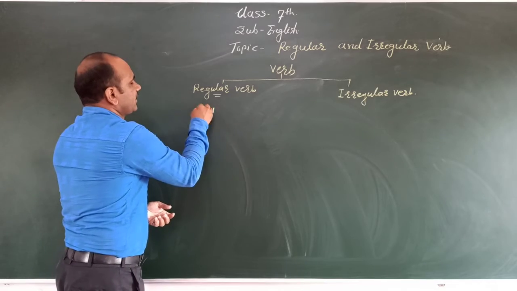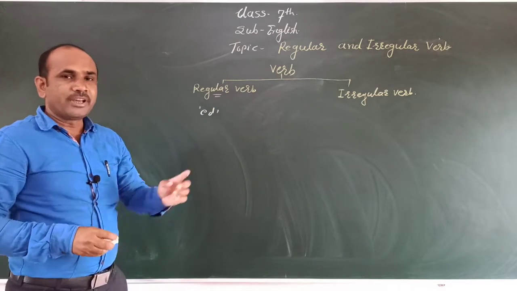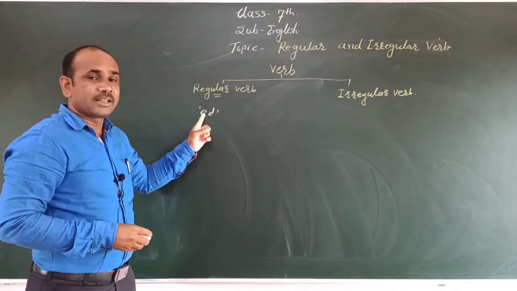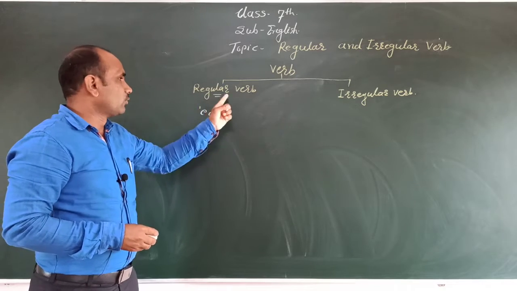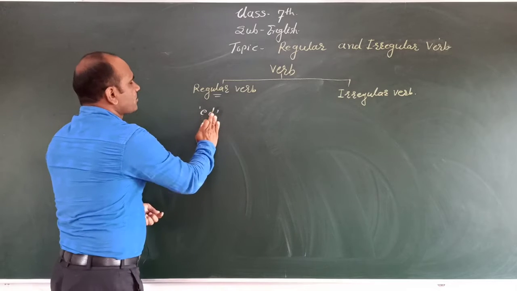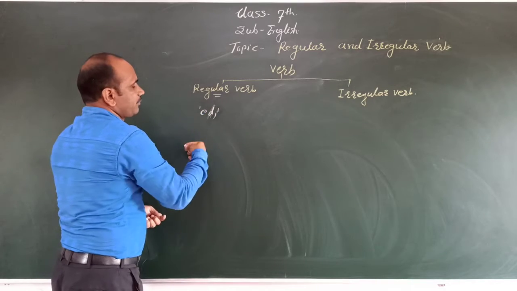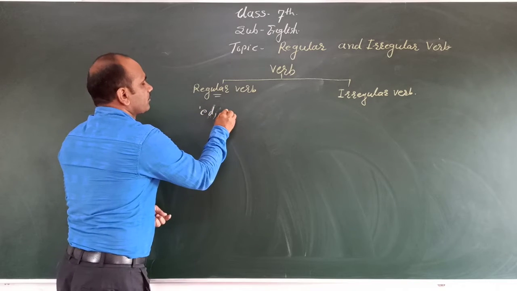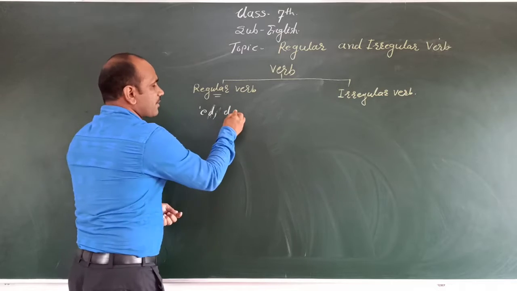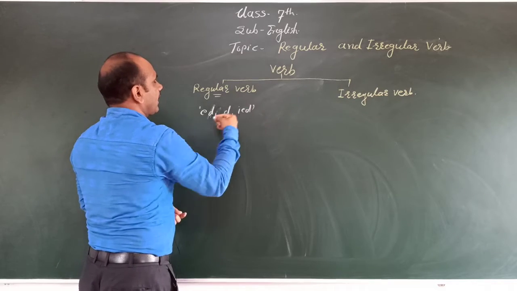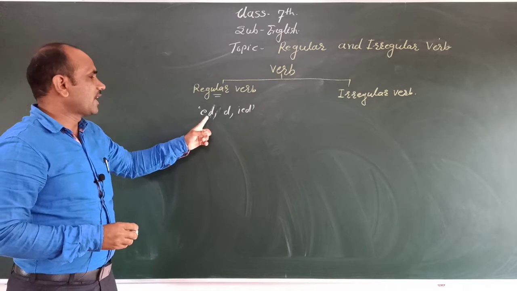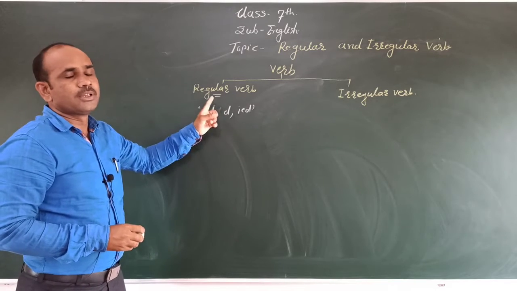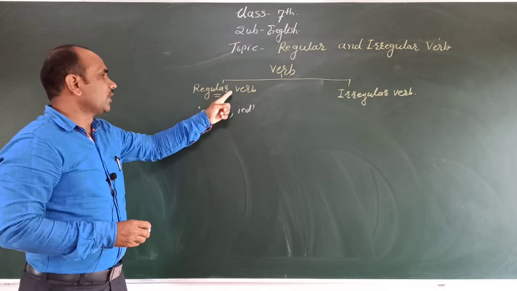For example, sometimes we add ed, sometimes only d, sometimes ied. Such a type of suffix added at the end of the verb, that verb we call the regular verb.